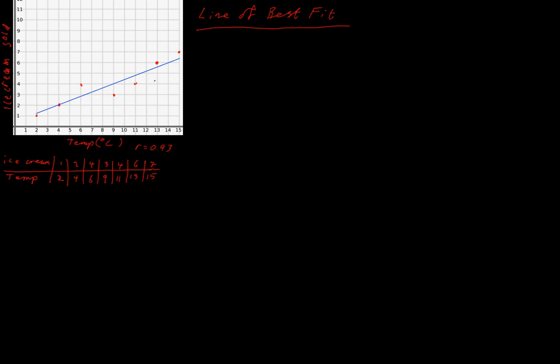Now, you have to do what I just said, but we also want to try and make life as easy for ourselves as possible. When I was drawing this line, I was trying to meet the criteria I just said, going through the middle of my data set, but I was also trying to make life easier for myself in terms of working with the equation of this line.